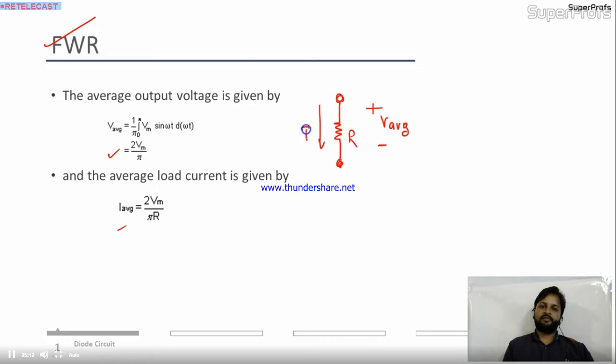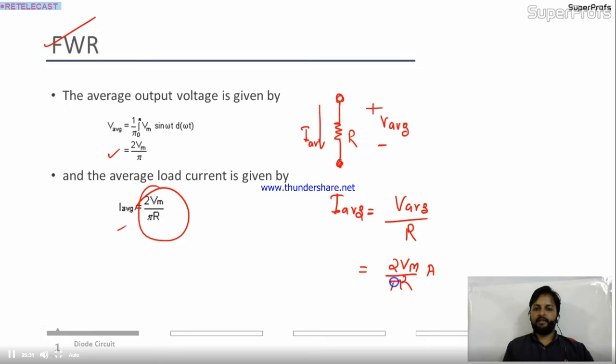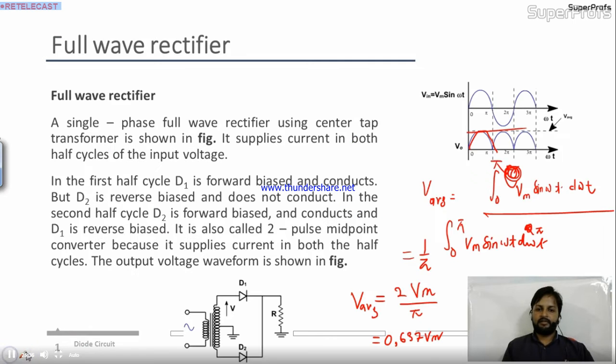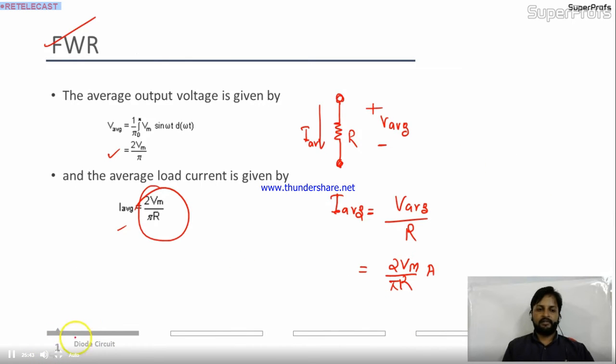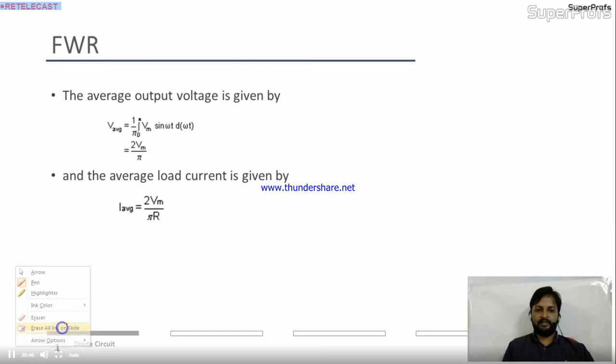So it is easy to find I average, because I average in this R is nothing but V average divided by R. V average you calculated as 2 Vm by pi, so I average is 2 Vm by pi R, in amperes. I forgot the pi here.